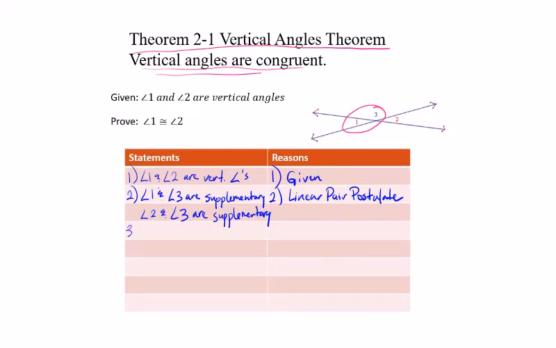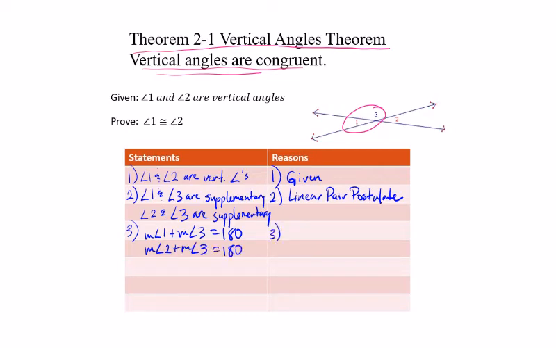All right, so step 3. Supplementary means they add up to 180, right? So we can say that the measure of angle 1 plus the measure of angle 3 equals 180, and the same thing with the measure of angle 2 and the measure of angle 3 equal 180.